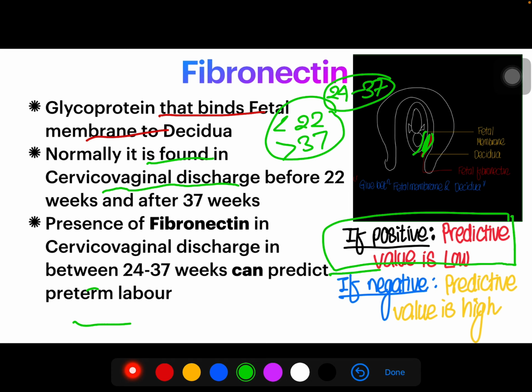But if it is negative, then the predictive value is very high, that there will be no occurrence of preterm labor.